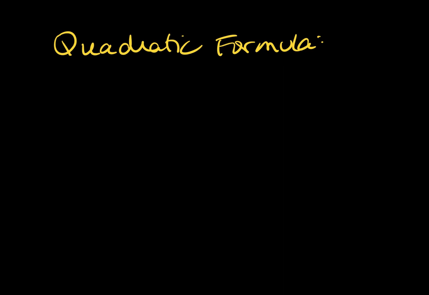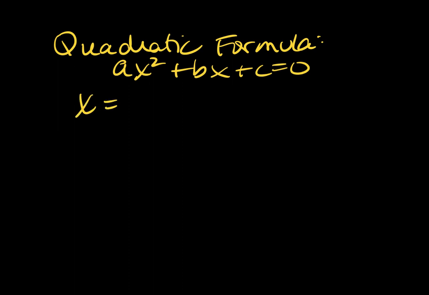All right, so let me just write the quadratic formula as a quick little review here. So if we're trying to solve something of this form, using the quadratic formula, the formula tells us that our solutions, our values for x, can be found just using a, b, and c, using all of our coefficients.